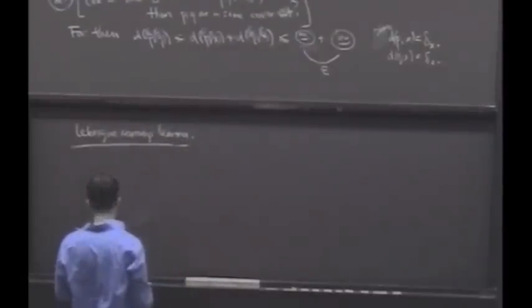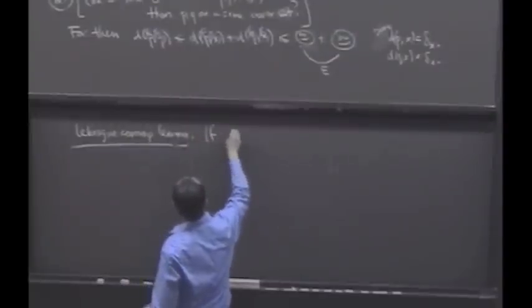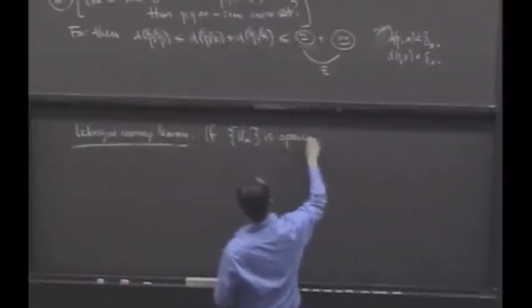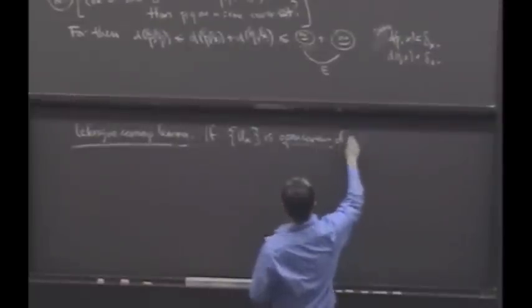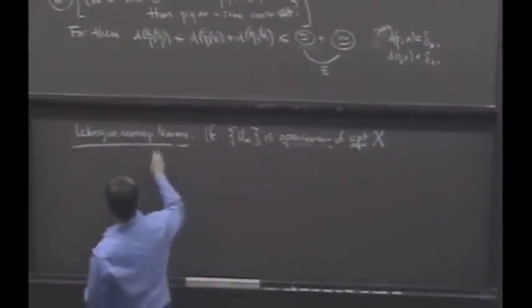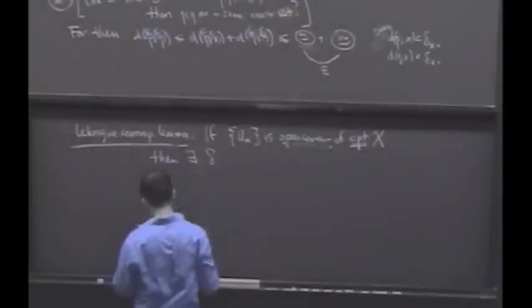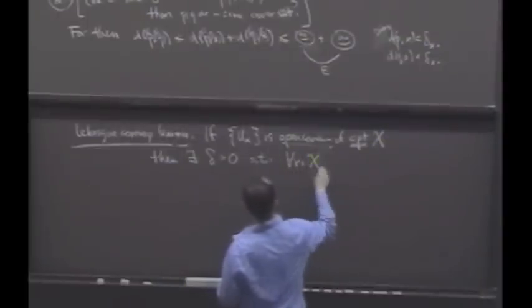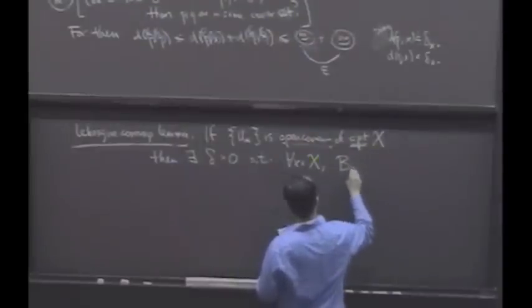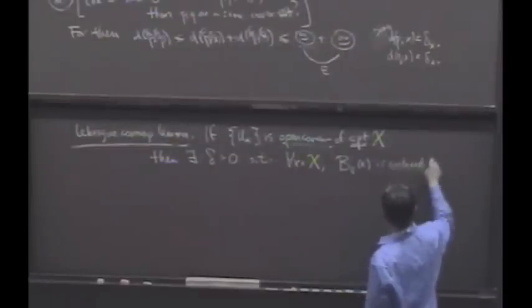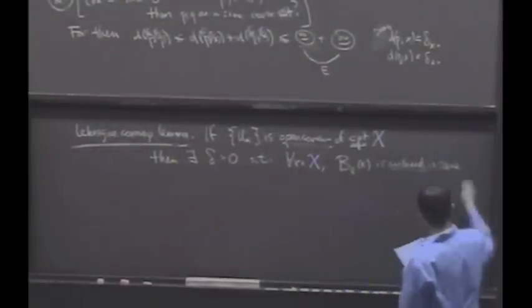So the Lebesgue covering lemma says the following. It says if you have, let's say, an open cover, U sub alpha, of a compact metric space X. Notice the compactness of the space X. Then, in fact, there exists a number delta bigger than 0, such that for all x in X, the ball around X of size delta is contained in some element of the cover, is contained in some U sub alpha.